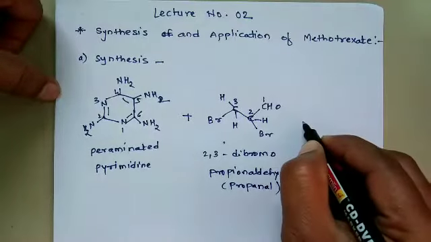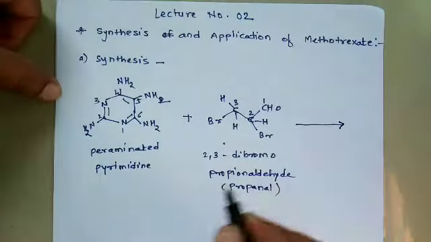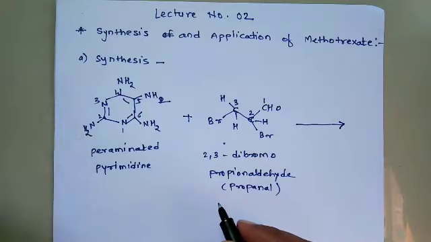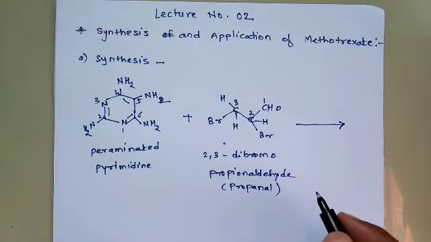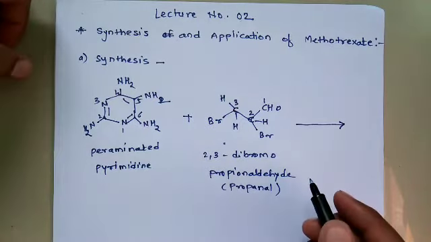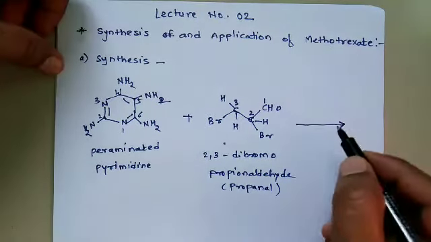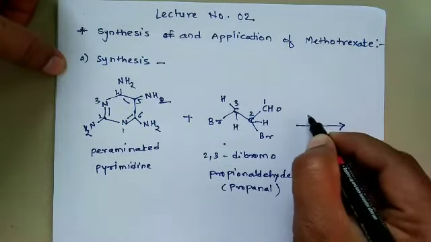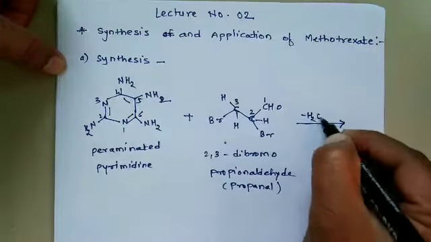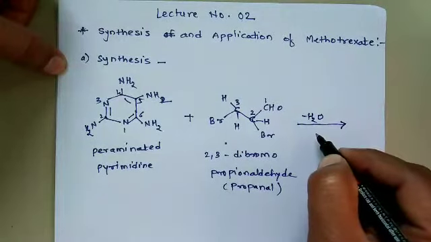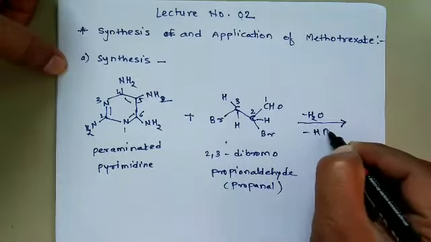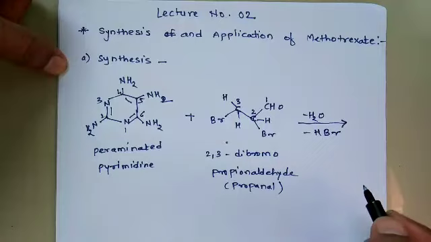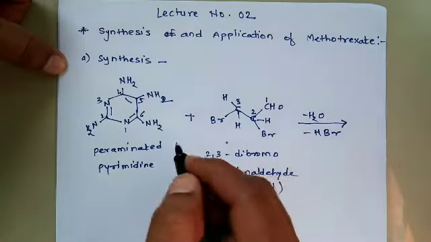Then when pyrimidine and 2,3-dibromopropanaldehyde react, 2 side products will occur, one is removal of H2 and another one is removal of HBr molecule. How to remove?